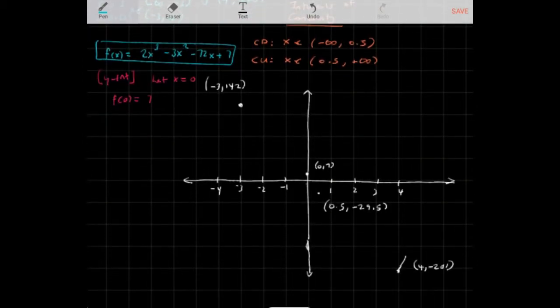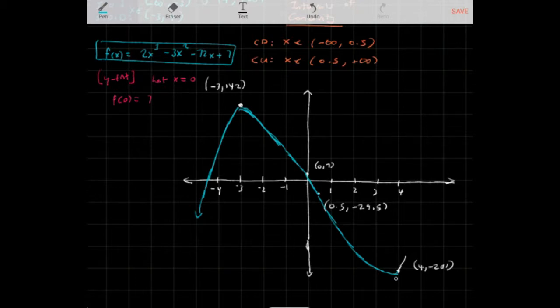Okay, so I just want you to plot your critical points, and we can understand that because this is a positive first degree function, it should start in quadrant 3 and end up in quadrant 1. Okay, so this should be concave up.